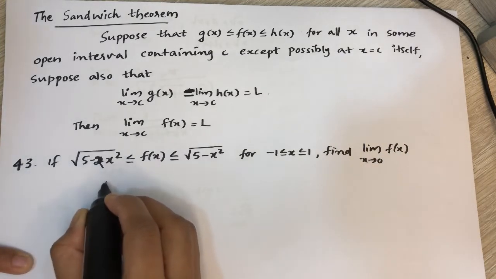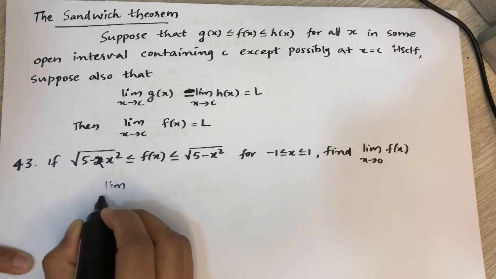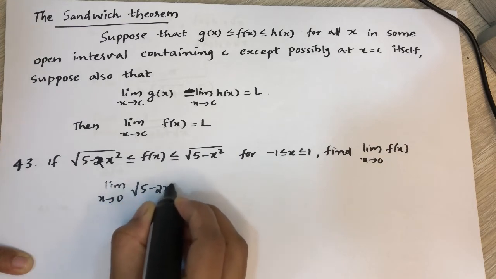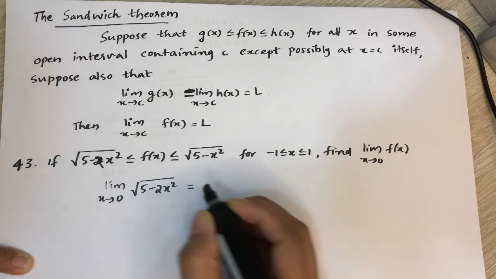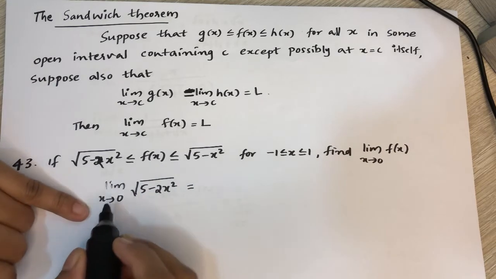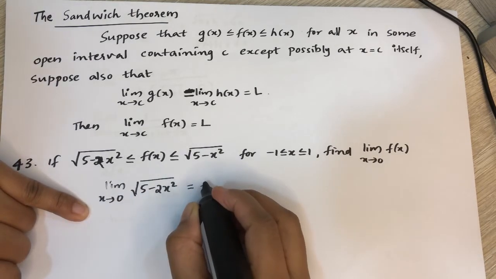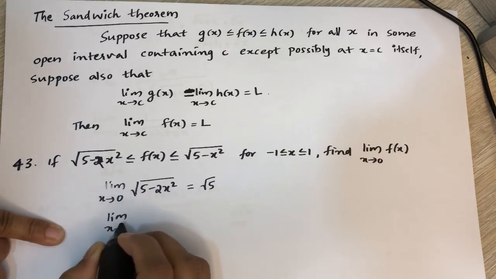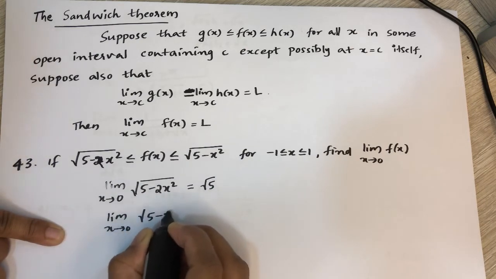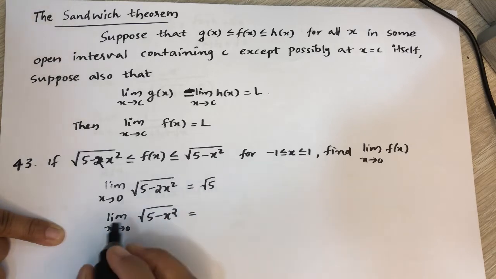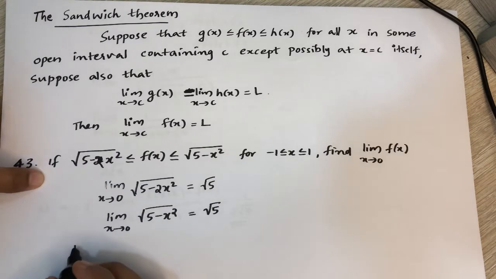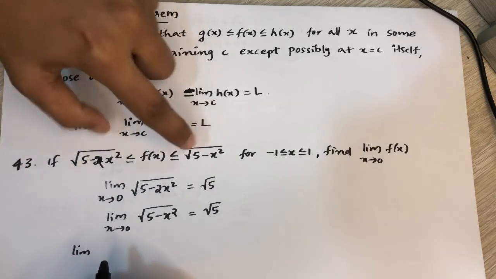So we can check limit x tend to 0 root 5 minus 2x square is equal to, by substitution, we get root 5, and limit x tend to 0 root 5 minus x square is also equal to, by substitution, we get root 5. That is, limit of these two functions are same.